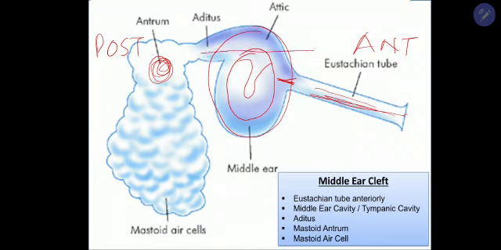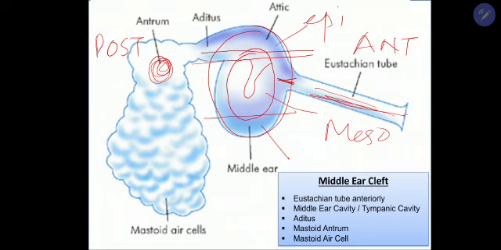The superior part, above this level, is known as the attic or epitympanum because it is up. The part in the middle is known as the mesotympanum, and the part left below is the hypotympanum. This is how we can divide the middle ear into epitympanum, mesotympanum, and hypotympanum.